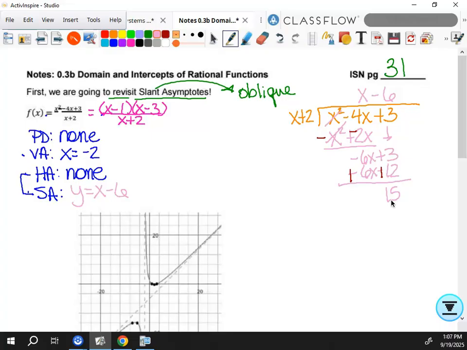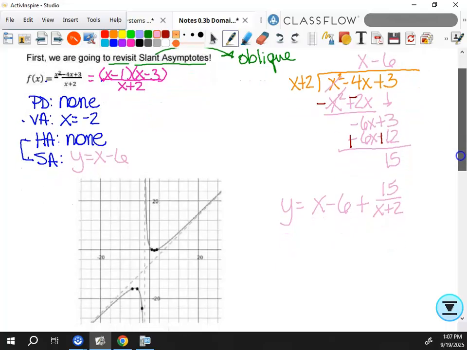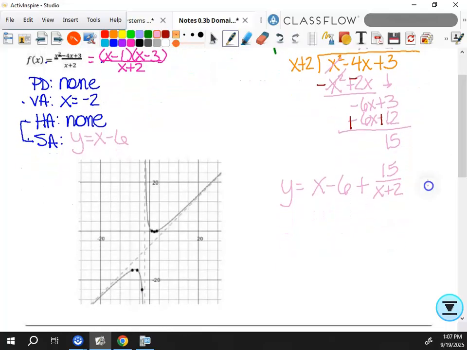Which means my answer is y equals x minus 6 plus 15 over x plus 2. This is what I actually get when I divide that, which means that this equation and this equation are actually the exact same thing.